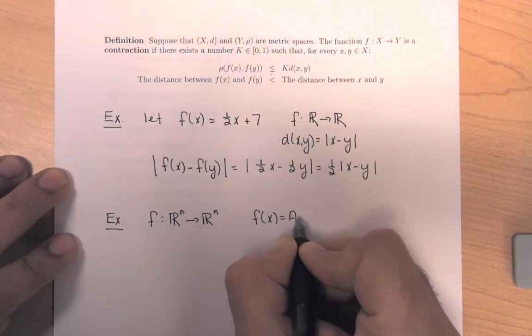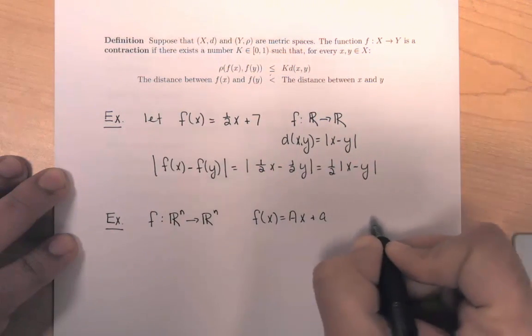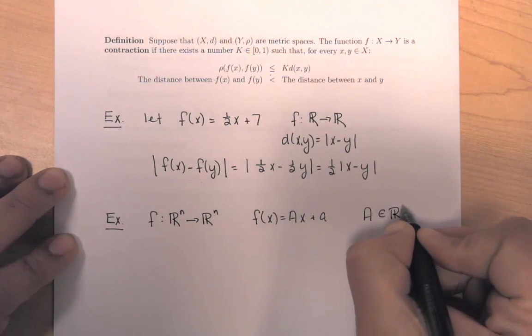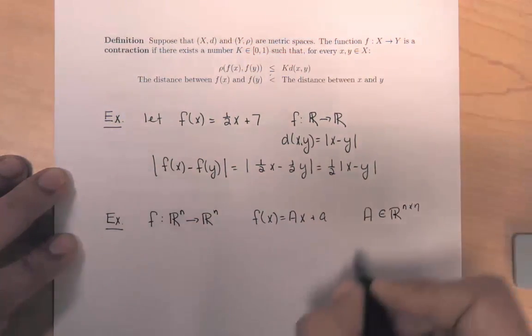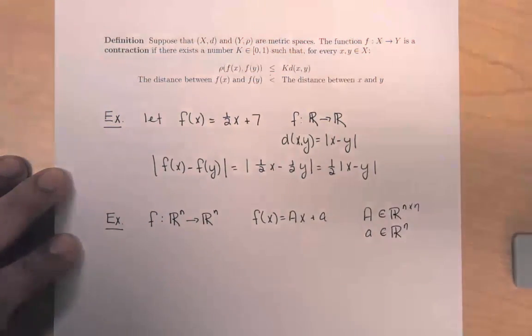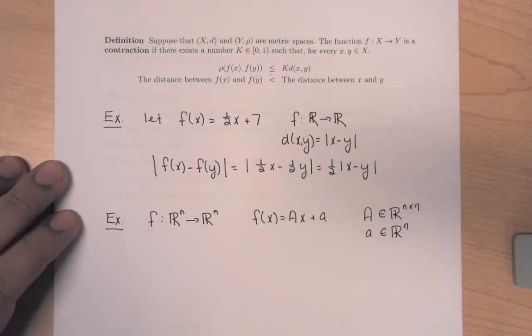and f of x is A times x plus a, where A is an n by n matrix and a is a vector in n-dimensional space.